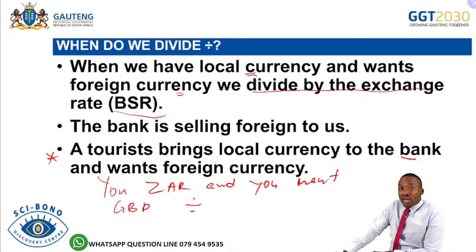So you need to know all those facts. Remember, we have less than a minute that I gave to you to do what? To write down this note or to just take a screenshot. When do we divide? When we have local currency and want what? Foreign currency. We divide by the exchange rate. Which exchange rate? BSR. Why? Because you are bringing local currency to the bank and you want foreign currency.